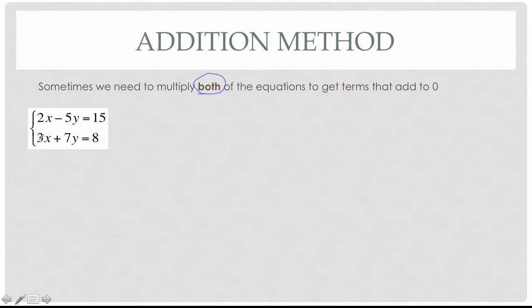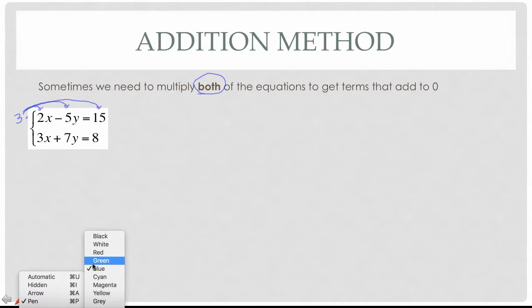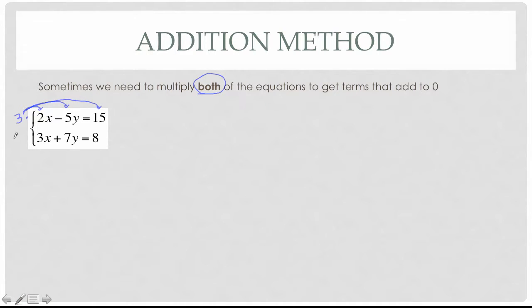Well, if I look at this one, I'm going to work with subtracting the x's here. I want to get these to be the same coefficient, just one positive and one negative. I'm going to multiply the top by 3. So I'm going to have 3 times 2x, 3 times negative 5y, and 3 times 15. And I'm going to multiply the bottom by negative 2.